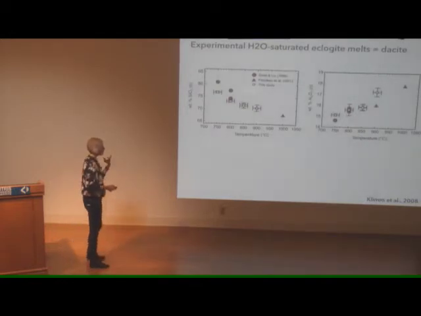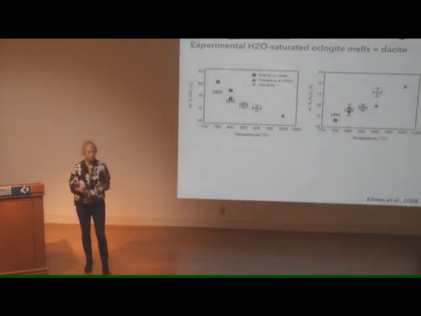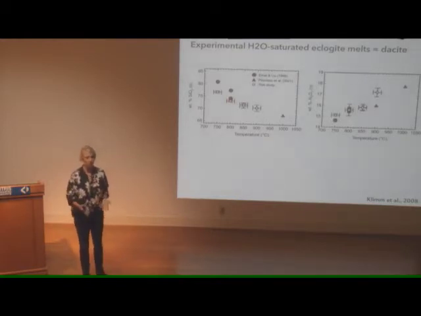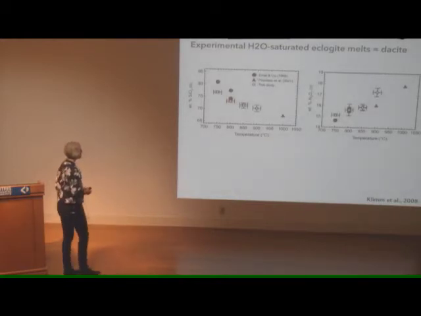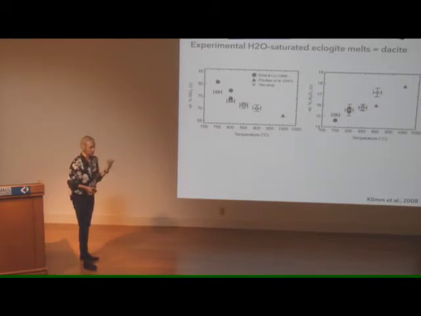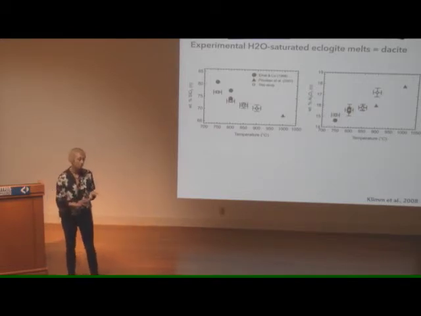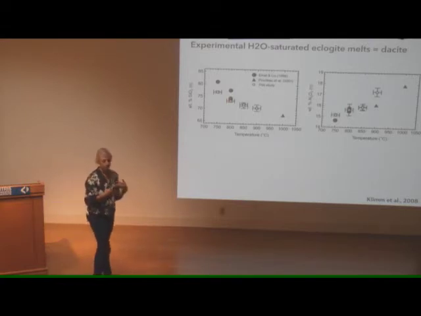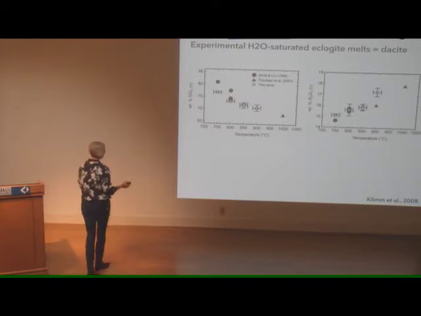And when we do experiments on melting of eclogite or melting of metamorphosed oceanic crust, we see that that melt composition is quite different from the melt composition that we get when we melt the water-rich mantle or when we melt the sediment, for example.